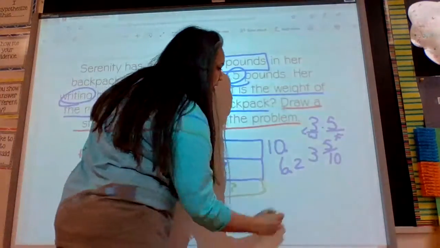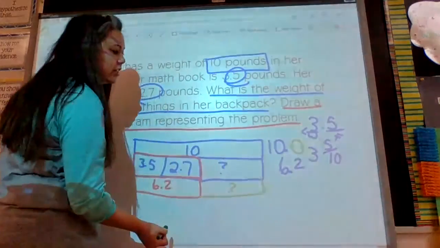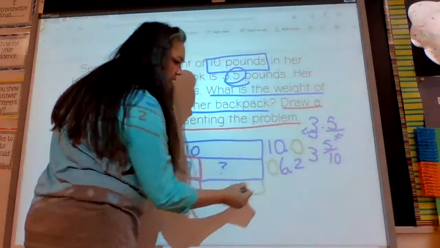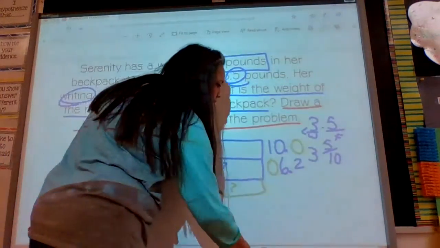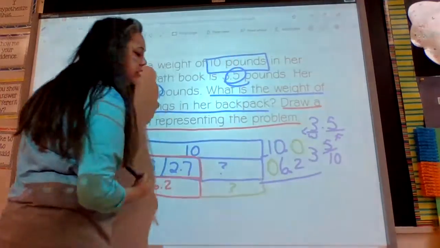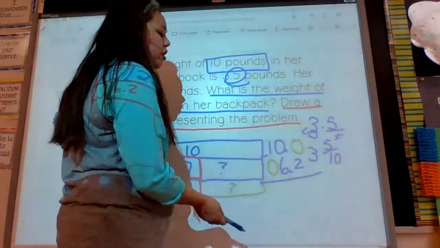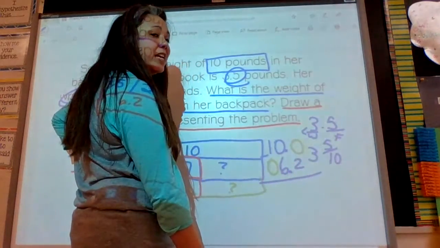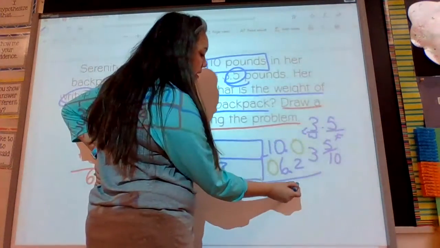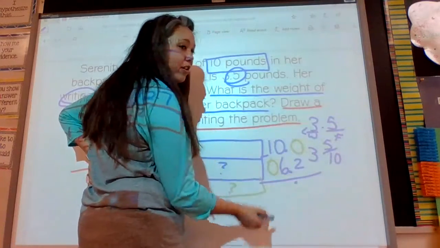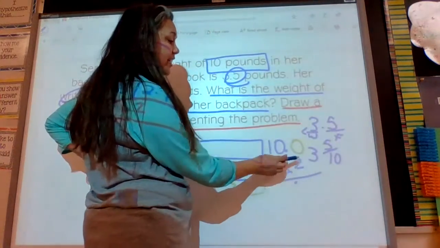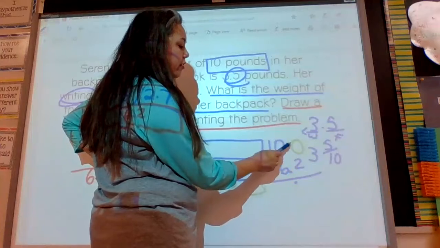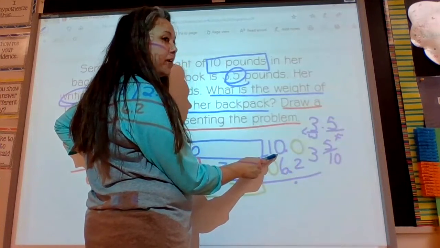I'm going to use a different color because I want you to see that we have to add zeros in those empty spots. That way, when you subtract, you're not going to miss, because right here, can we take 2 from nothing? No, we cannot. And sometimes we see 2 coming down here, and that is not correct because I can't take 2 from nothing. We go next door. Nobody's home.